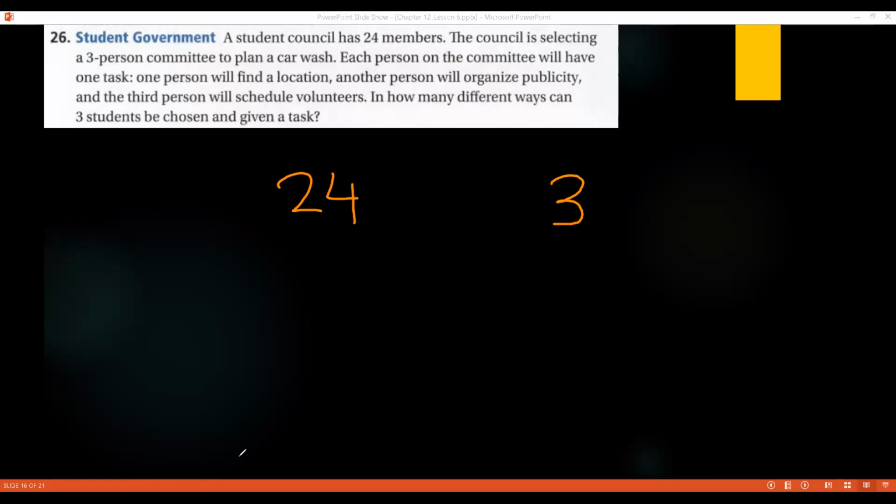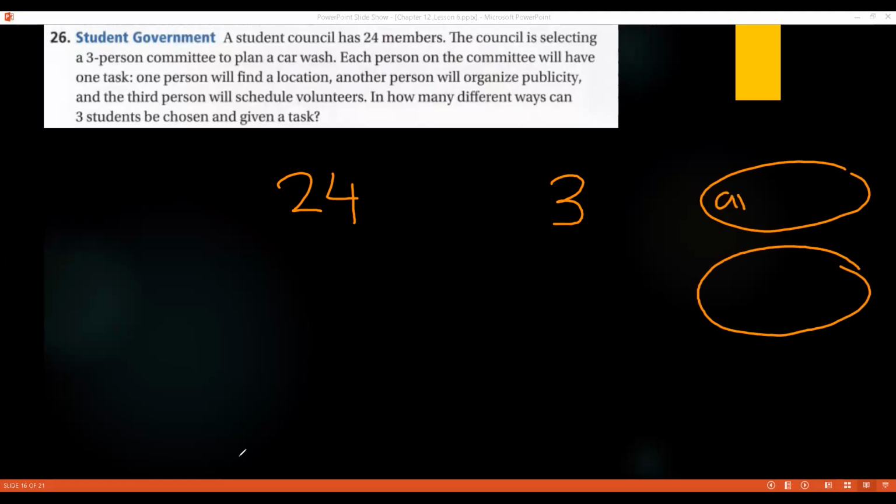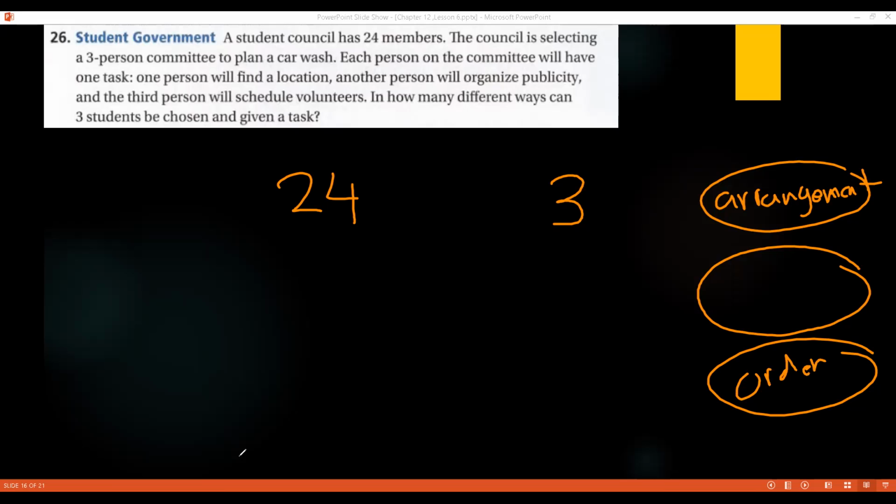For permutation, to know that you are talking about permutation, they ask you about things that are arranged. How many arrangements, as an example, or in how many different orders. If you see the word order, that means it is permutation.